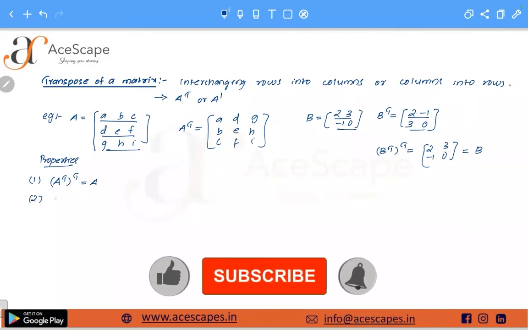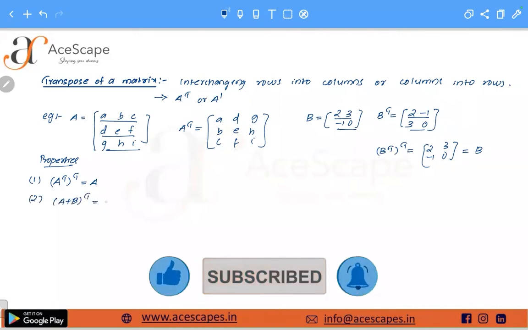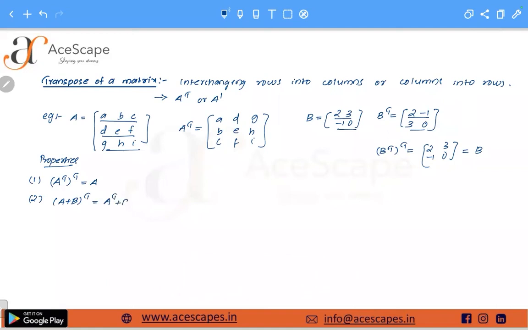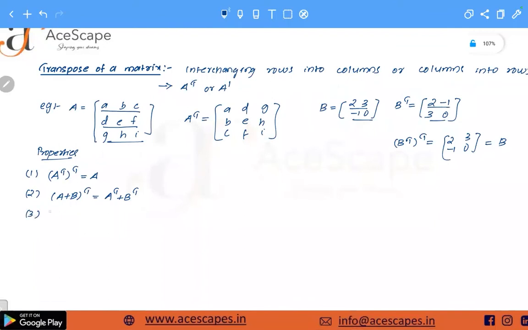Another property is that the transpose of A plus B will be A transpose plus B transpose. Another property is that the transpose of K into A will be K into A transpose. Suppose I multiply this matrix B with the scalar 2. So 2 into B is equal to 4, 6, minus 2, 0, multiplying each element by 2.